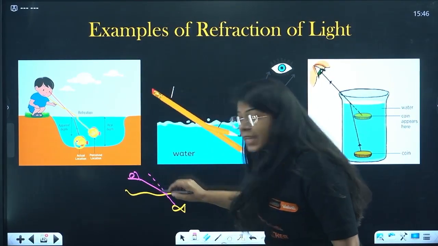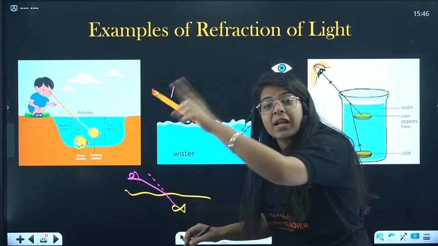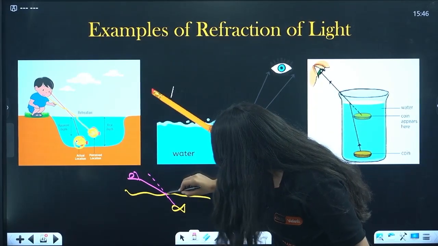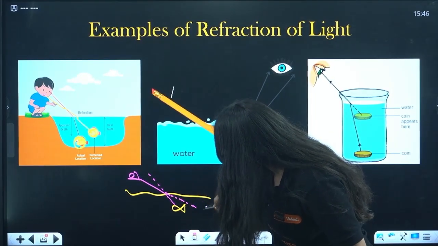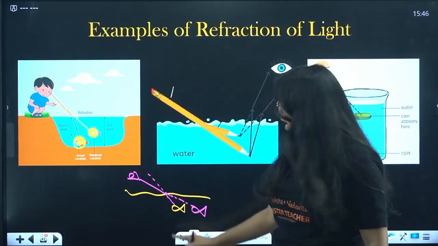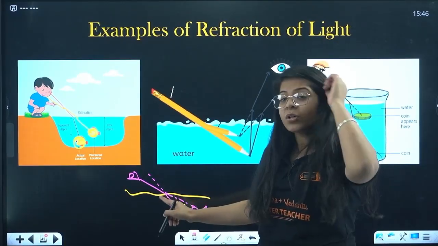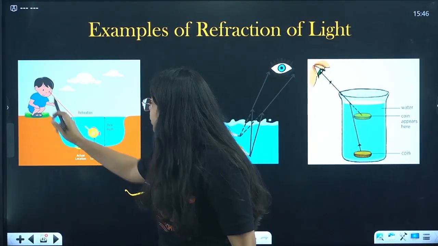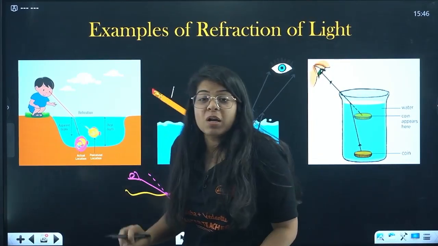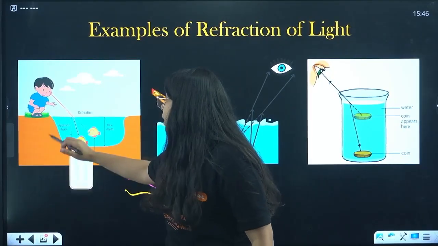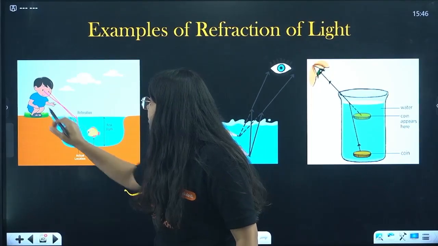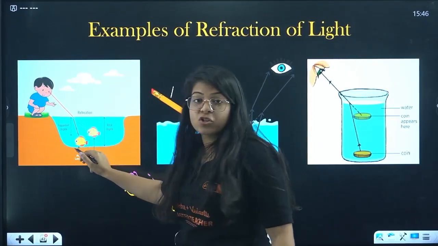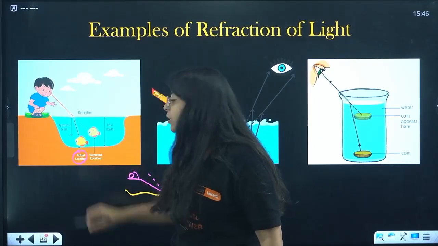Now, remember we extended the rays back in our reflection, so our eyes do that automatically. It traces back this ray, extends it back, and it feels like the fish is here. Actually the fish is here, rays are coming out, and it is bending. That's why our eyes trace them back. This is the actual position, but to the observer it looks like the rays bend and the fish is here, a little bit above.